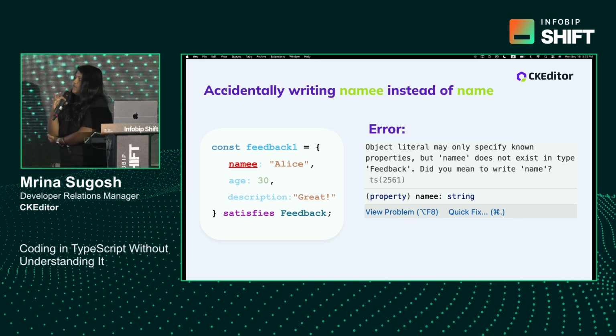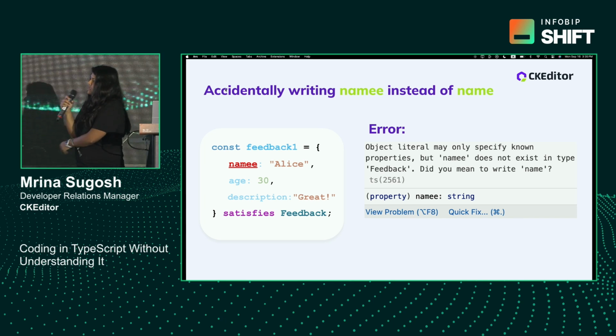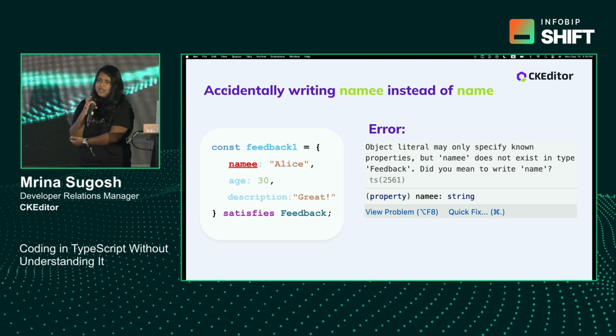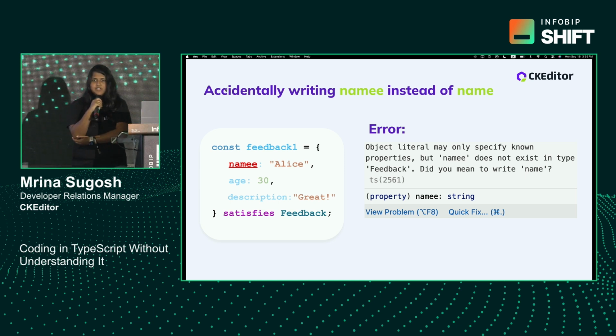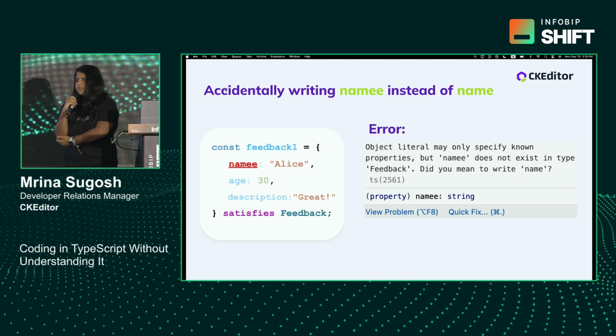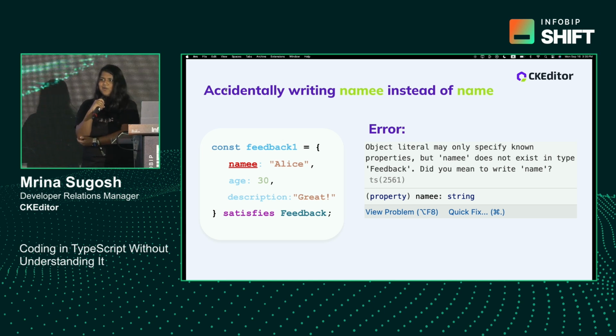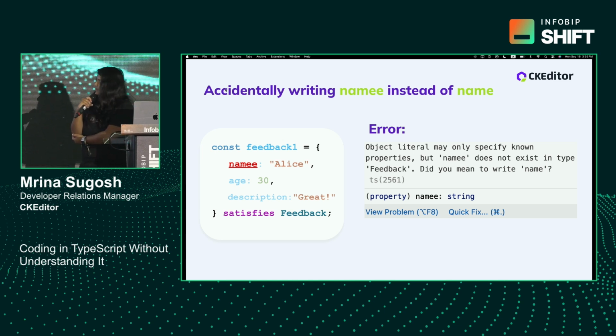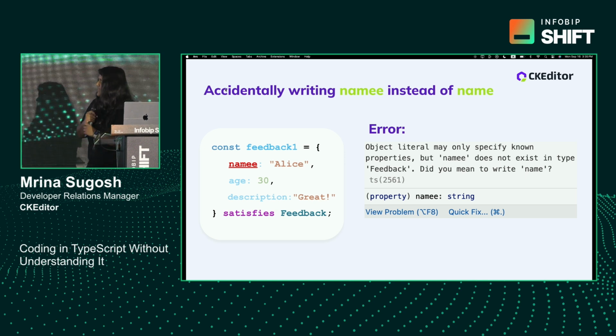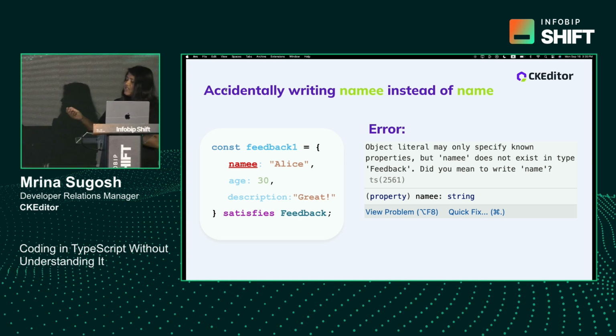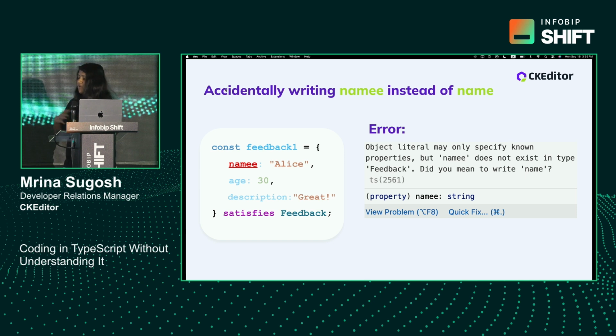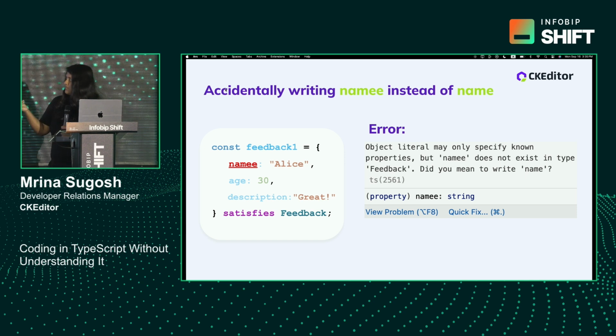So imagine if you had this in JavaScript and you didn't have this satisfies feedback, or you didn't have a type at all, you would never catch this error until it's in, well, not production necessarily. Hopefully you're not deploying to production, but until you run the code. So typing is extremely important for things like this, where you can accidentally write property names and miswrite them.